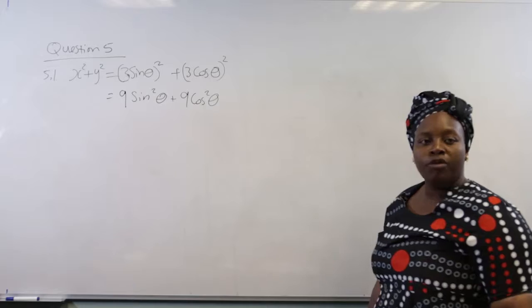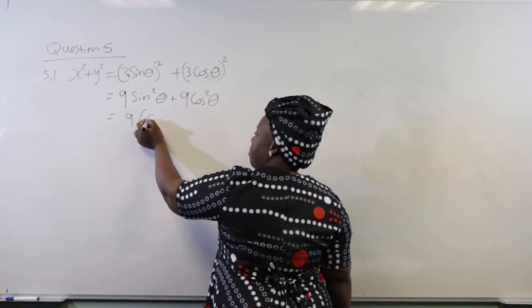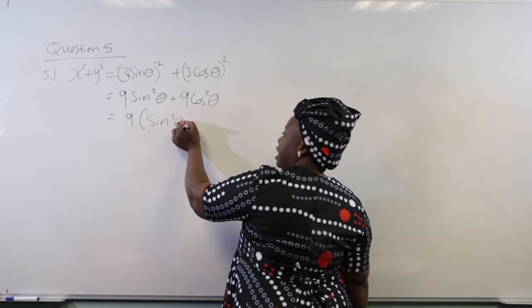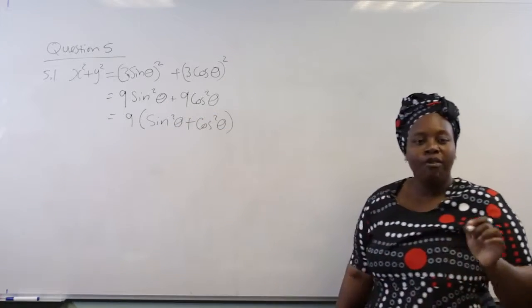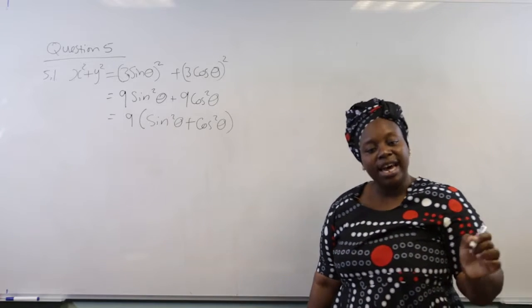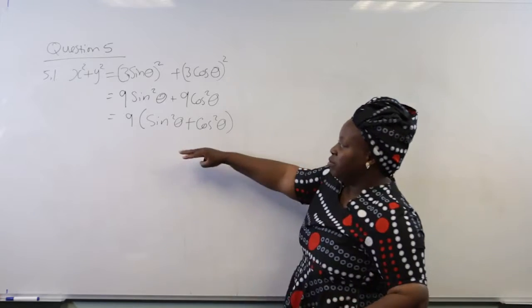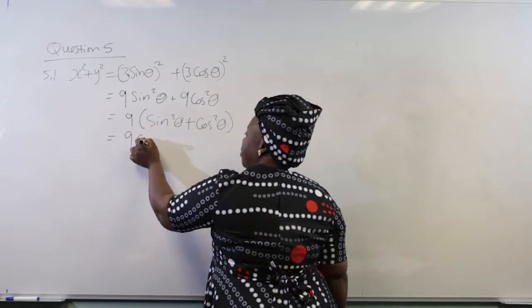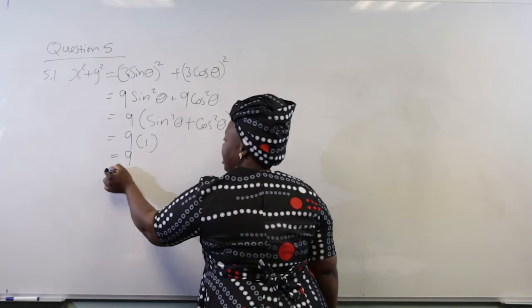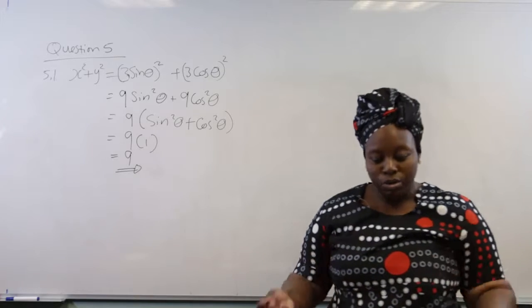If we take out the common factor of 9, we will have 9 multiplied by sine squared theta plus cos squared theta. This is one of the identities that says sine squared theta plus cos squared theta is equal to 1. So that's always the case. So we change this to make it 1. So this is 9 multiplied by 1, which will be 9. Meaning that x squared plus y squared is equal to 9.